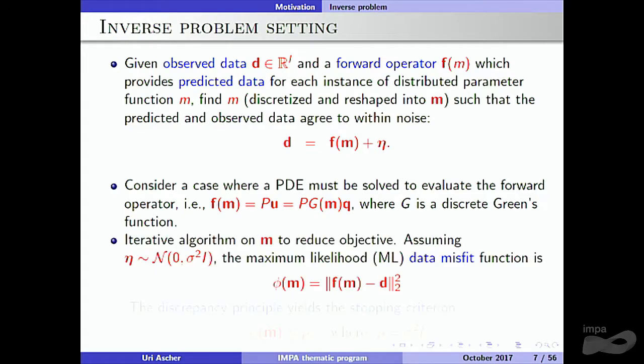Now, everybody looks at this sort of data misfit objective function. You take the predicted data minus the observed data, and you want to try to minimize to some extent the least squares difference between them. And this is a reasonable thing to do if, in fact, the noise is a normally distributed variable.